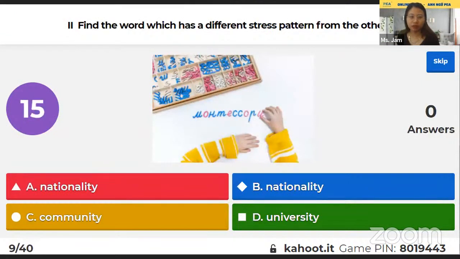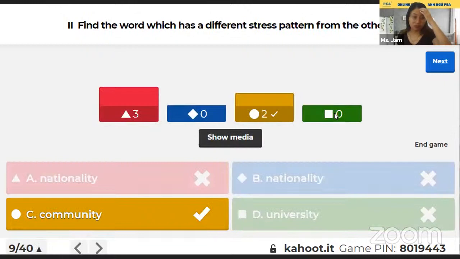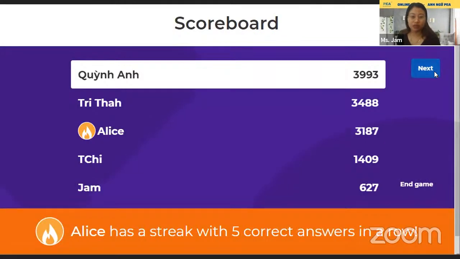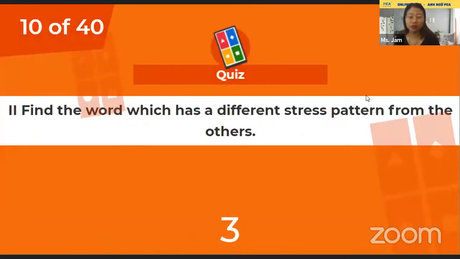I think I have two choices for nationality. Right, but still the community is the answer. And Quingan is leading now. Okay, next one.